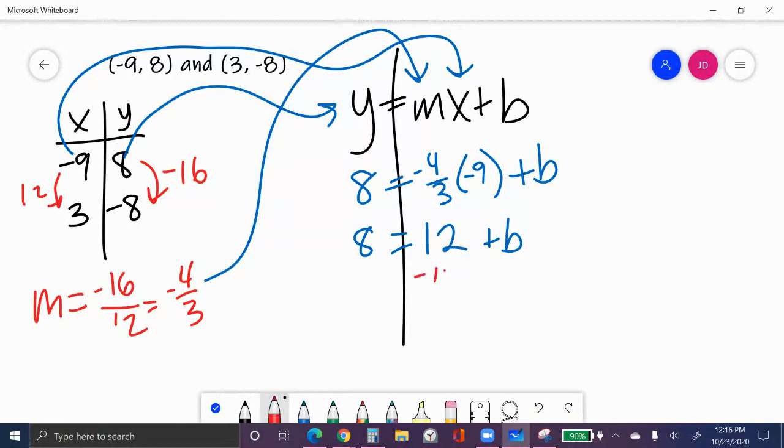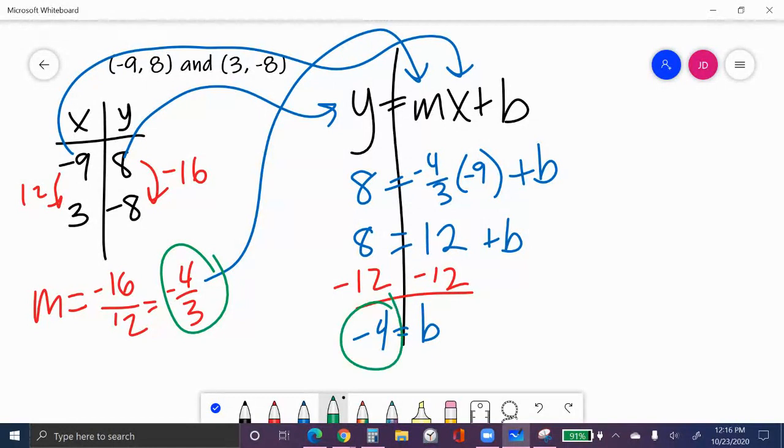Minus the 12 from both sides, and we get negative 4. So we have my m, we have my b, and my equation is y equals negative 4/3 x minus 4.